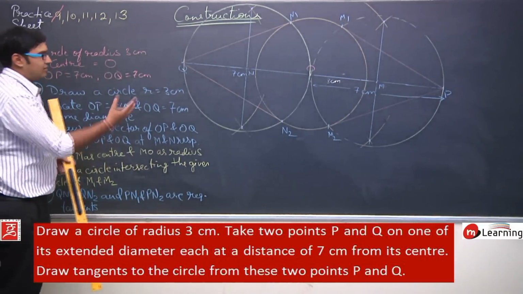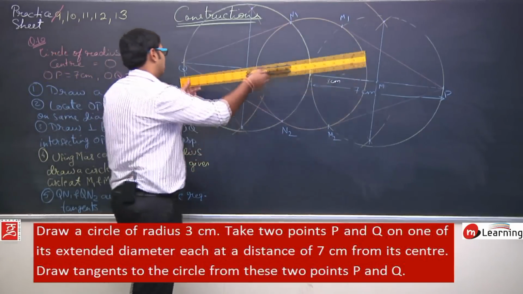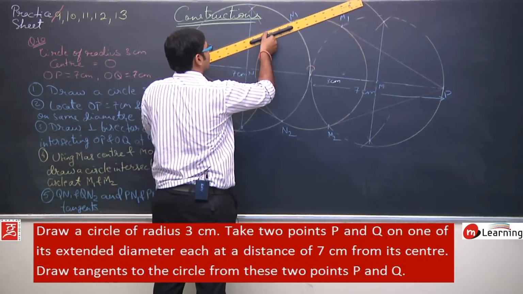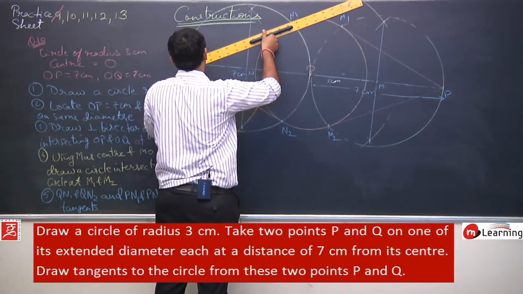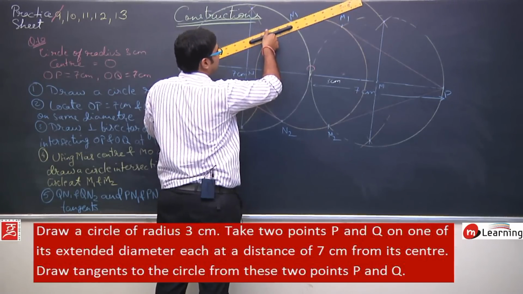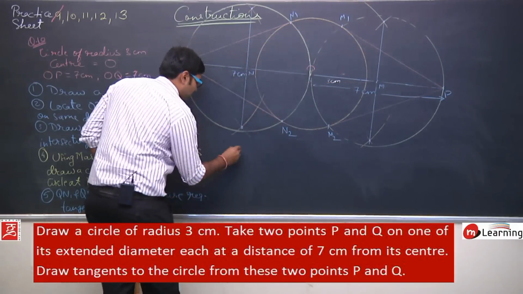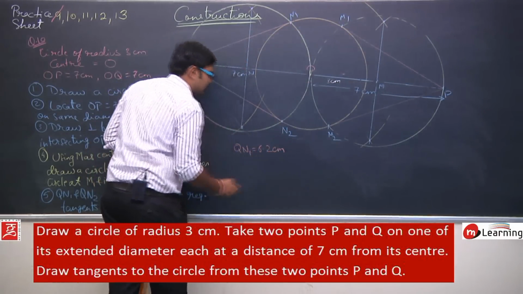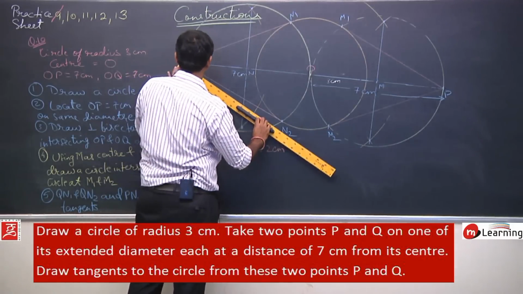Okay, and you can even measure the length of these tangents. Let's see what is the length of this QN1. This QN1 is almost 6.2 centimeters. Similarly, what is QN2?